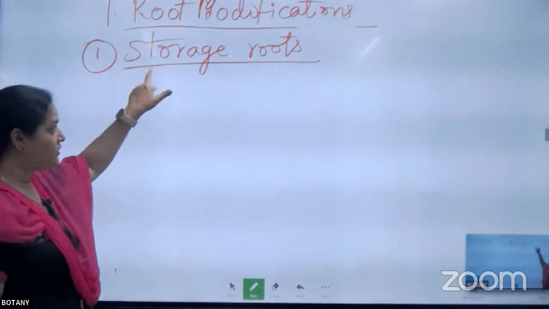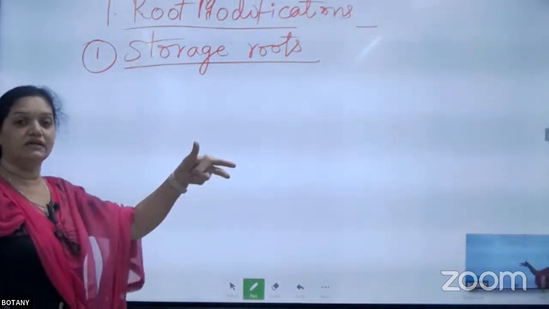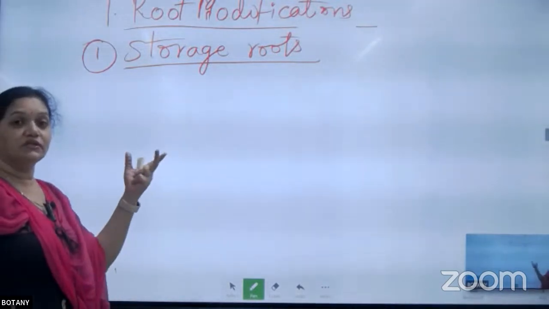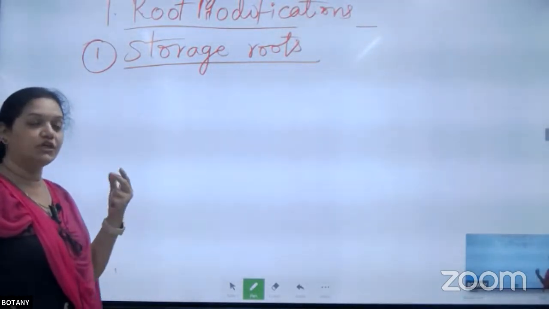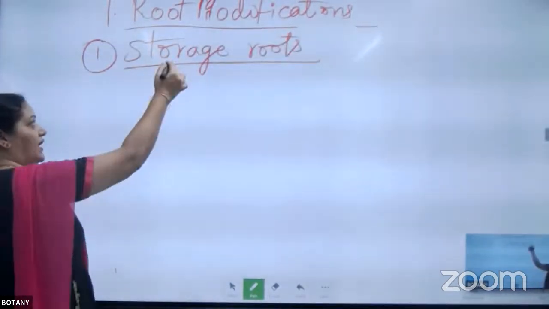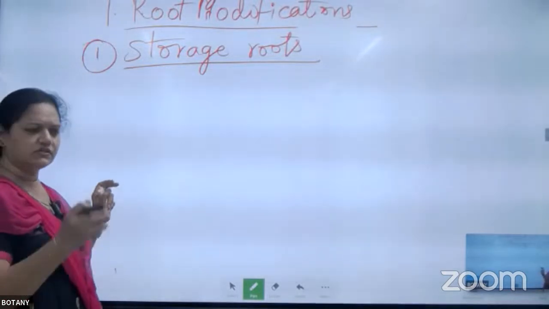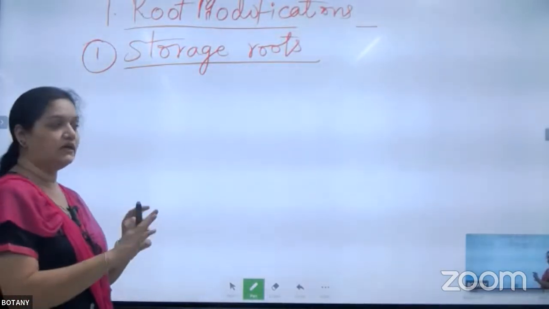What is the meaning of storage roots? The meaning is in the side heading only. It is storing the excess amount of food material in the roots by changing their size and structure. Simple definition, no need to worry, no need to mug up the definitions.